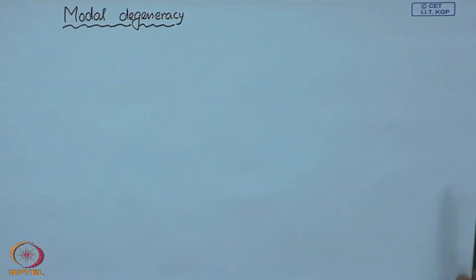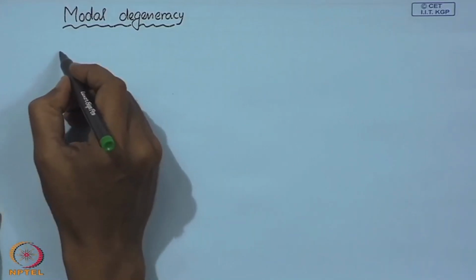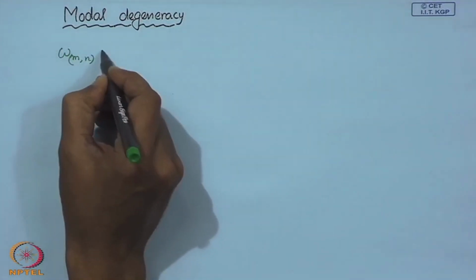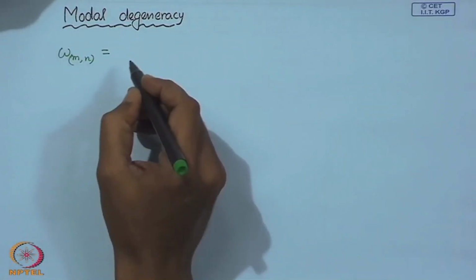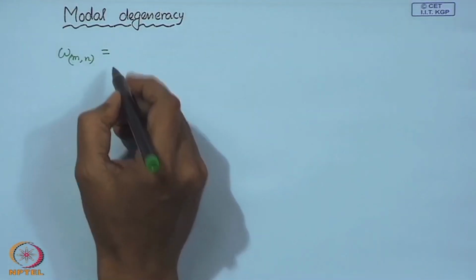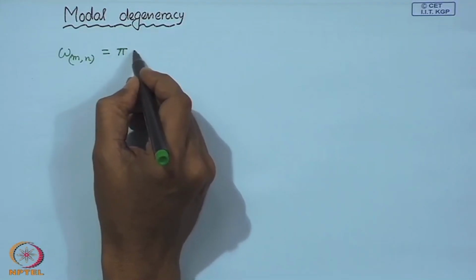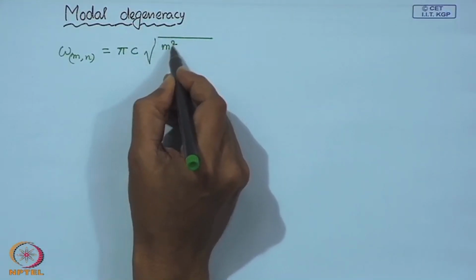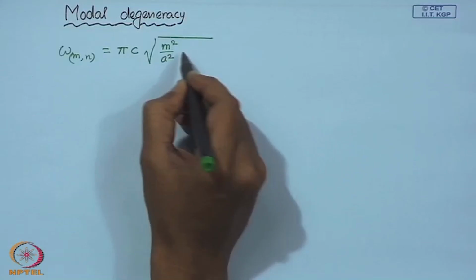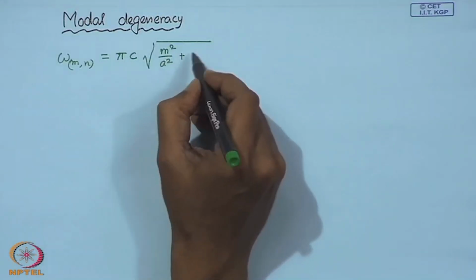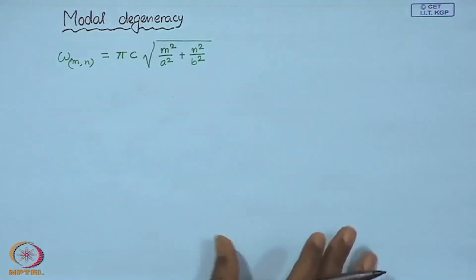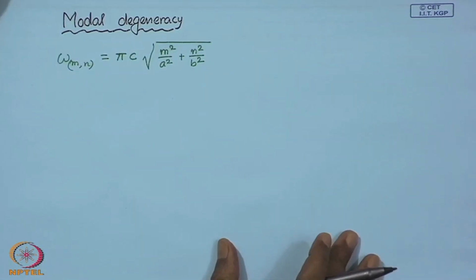So here, let us look at the expression of the circular eigenfrequency, which reads like this.